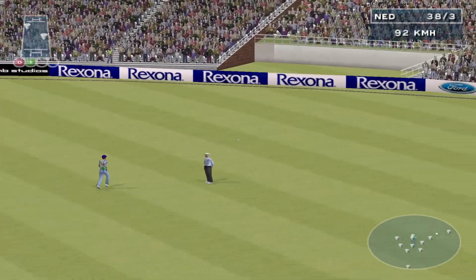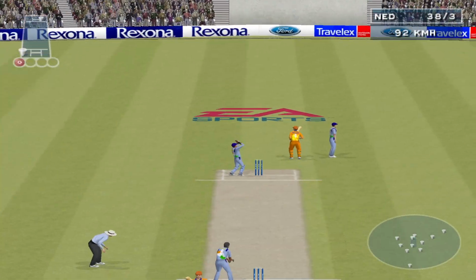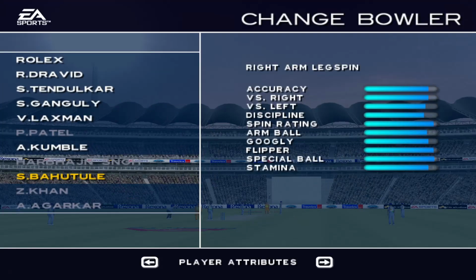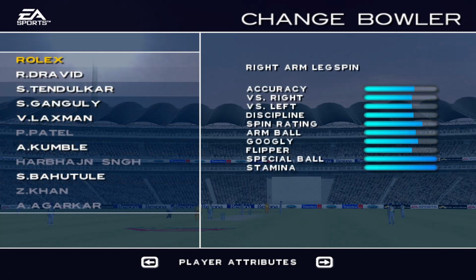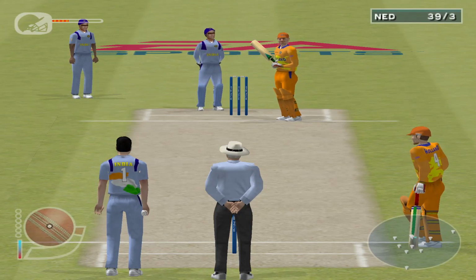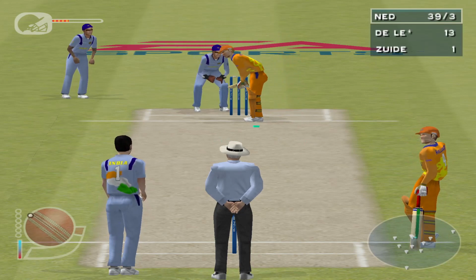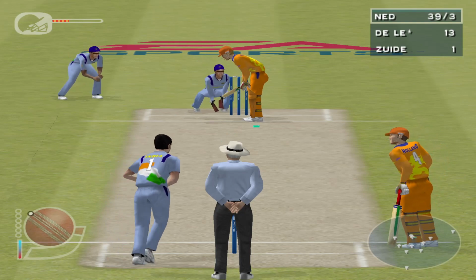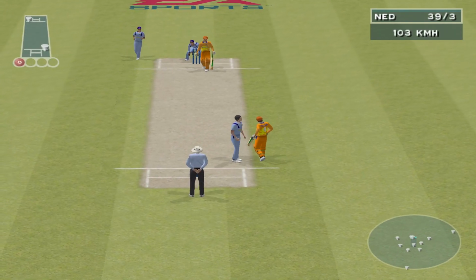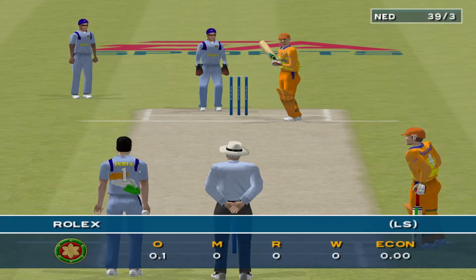Steered expertly into the gap. One more for the lead. 5 overs are left in the innings. Averis, the bowler's wrist spin. Averis, the bowler's leg spin.